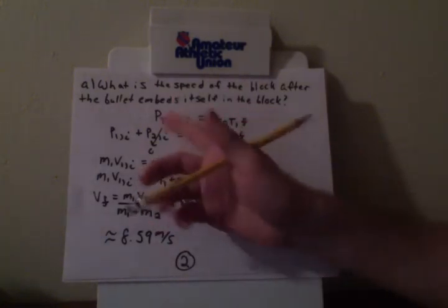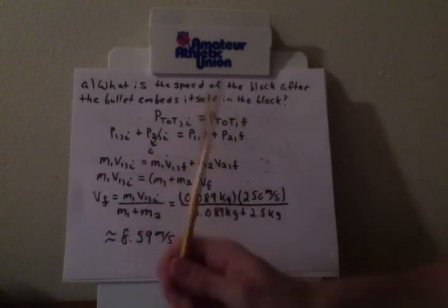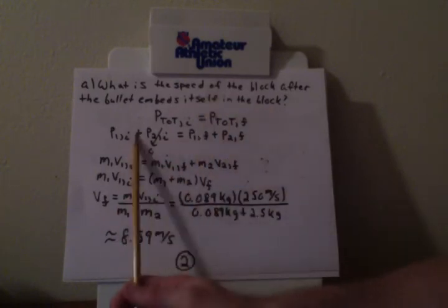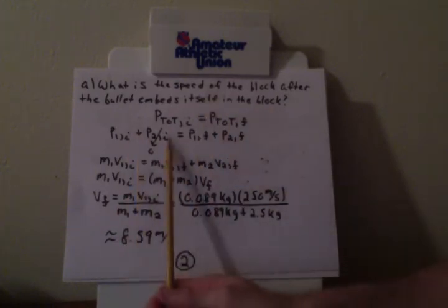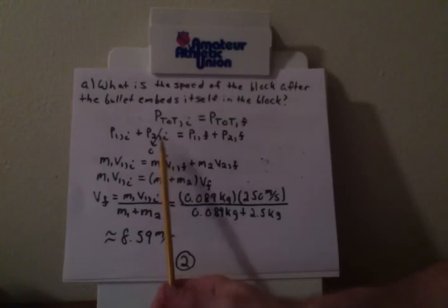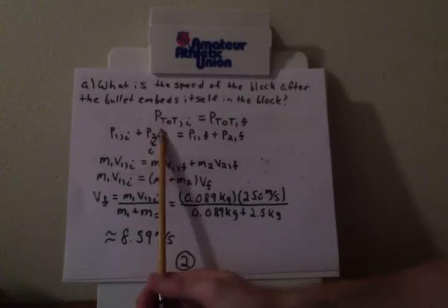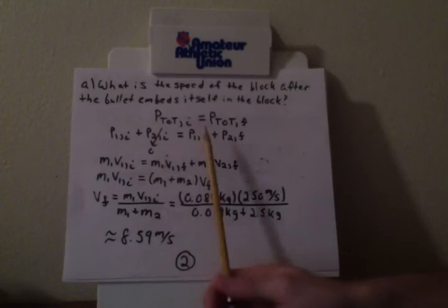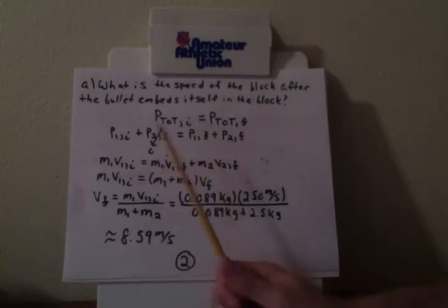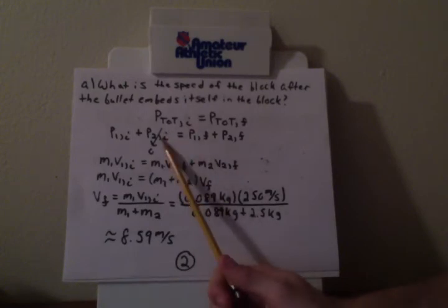And the total is adding up the momentum of the bullet and the momentum of the block. So here's the sum of the initial momentums, and here's the sum of the finals. This quantity right here, the initial momentum of the block, goes to 0 because the block's stationary initially.